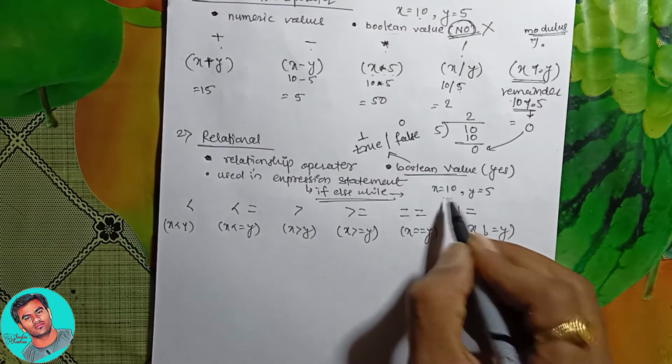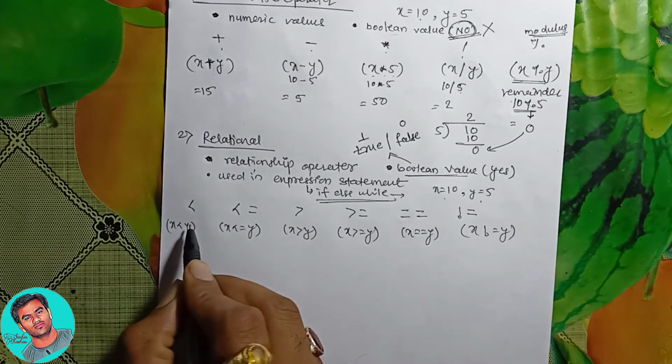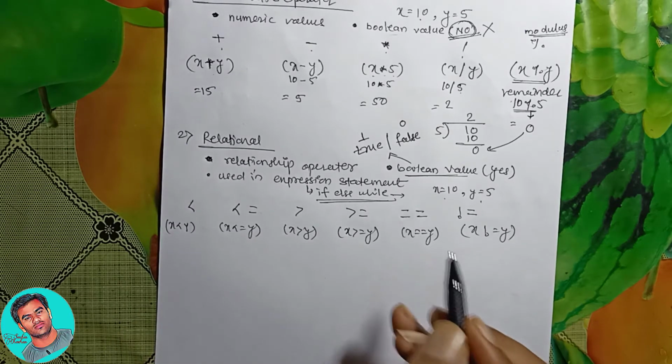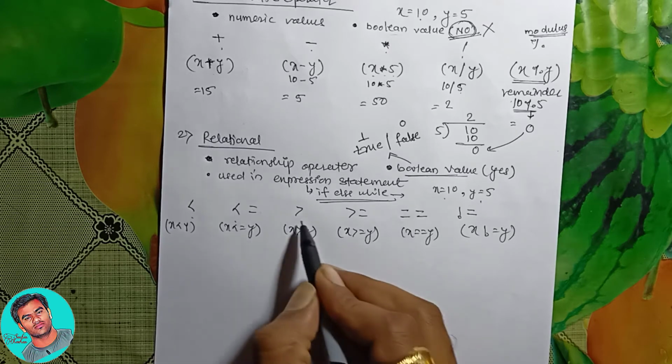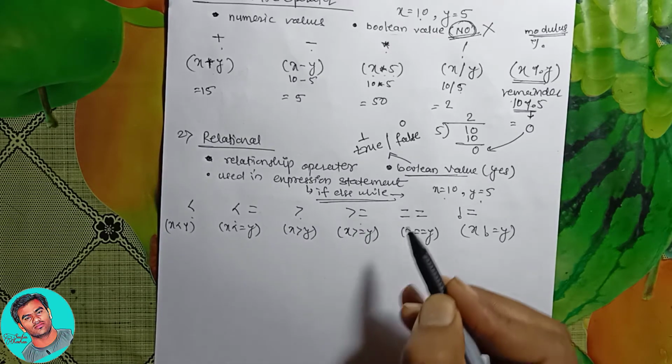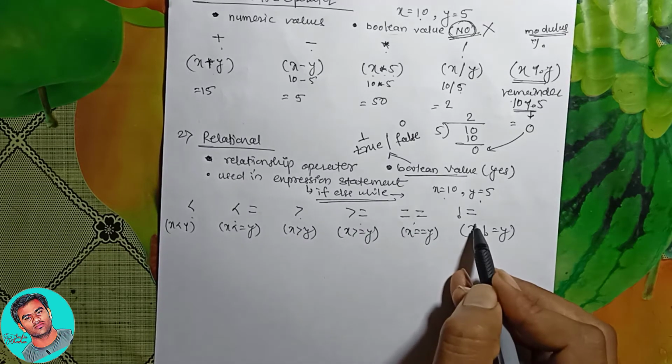Okay, so x equals 10 and y equals 5. There are 6 relational operators: less than, less than or equals to, greater than, greater than or equals to, double equals to, and not equals to.